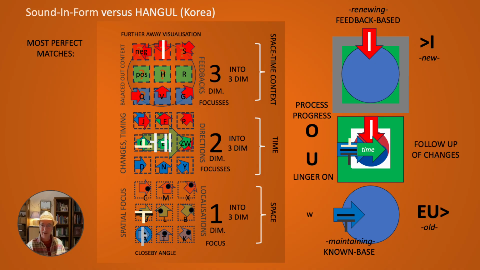So there the timing is the involvement. All the letters that are related to time are matching upon that arrow of the follow-up of all the changes. And the letters that match there will also show you in what way we follow things up in time.